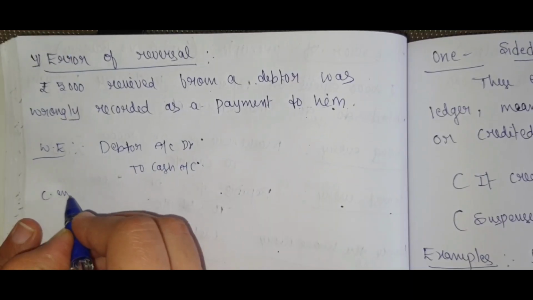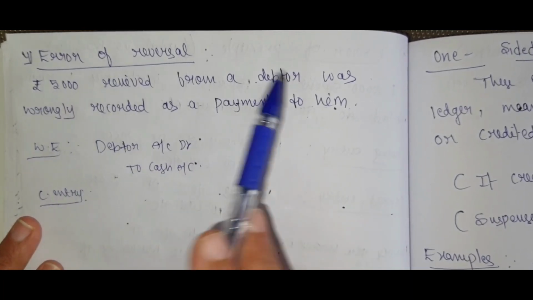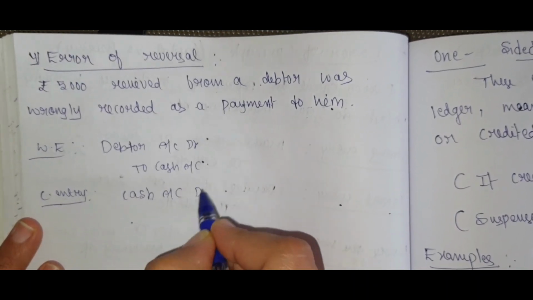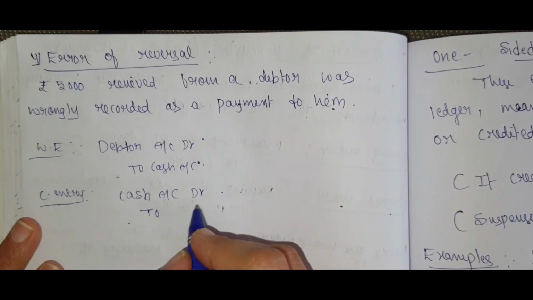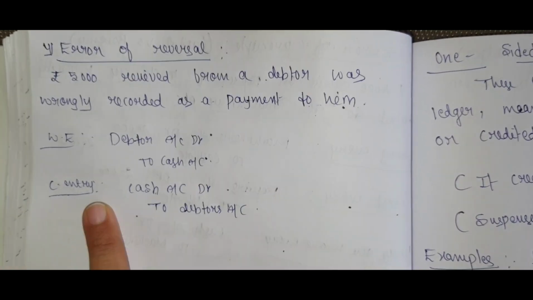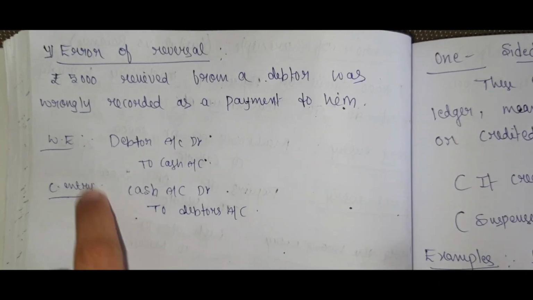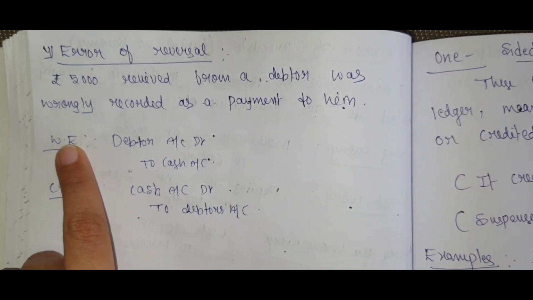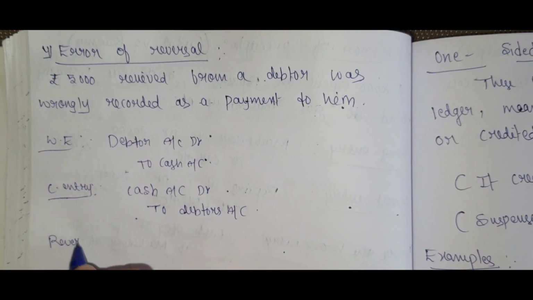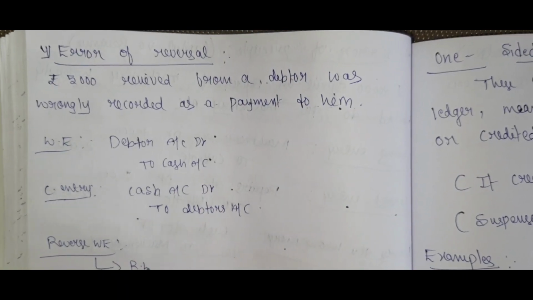Next, correct entry. The correct entry is rupees 5,000 received from a debtor. So the correct entry is cash account debit to debtor's account. Here we just need to reverse the wrong entry. That is only our rectification entry.